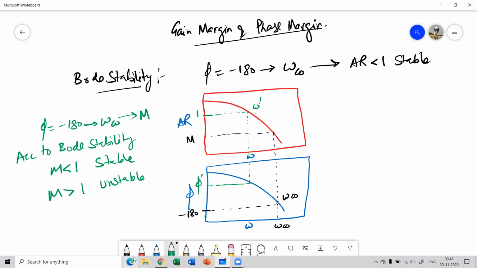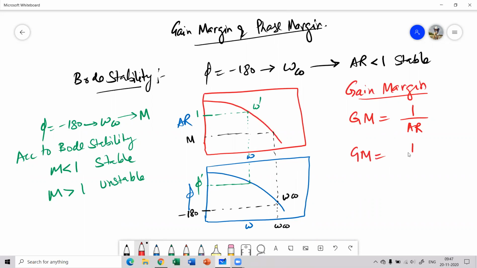So from here, we define a very important term, that is gain margin. Gain margin is nothing but the reciprocal of AR. In this case, GM is nothing but 1 upon M. So according to Bode stability, for the system to be stable, what should be the GM value? GM should be greater than 1.